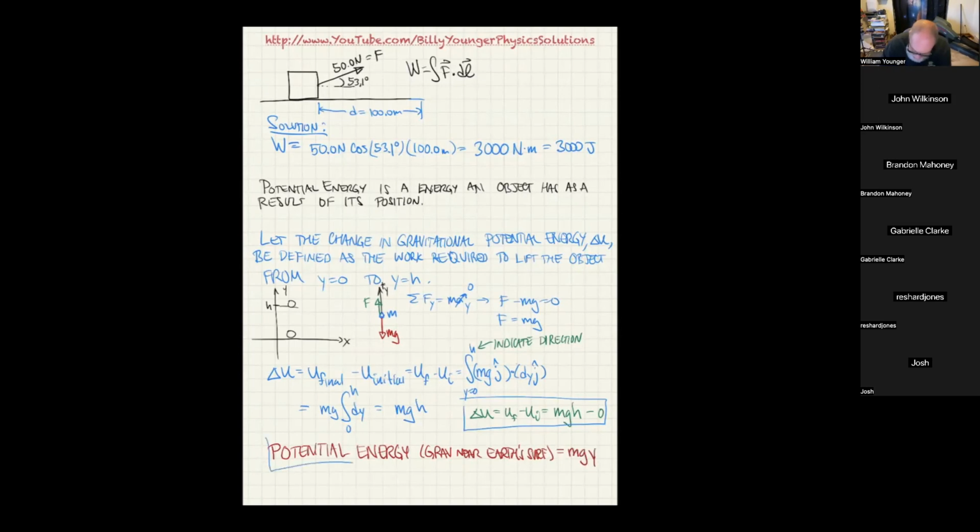And again, as I told you, that is for any origin, it's m times g times y. And as long as you stick with that origin, everything will work out.